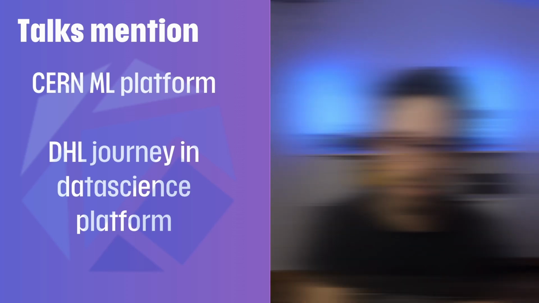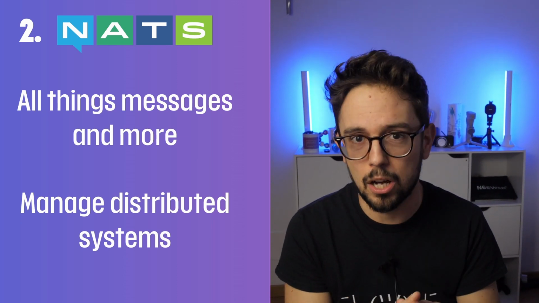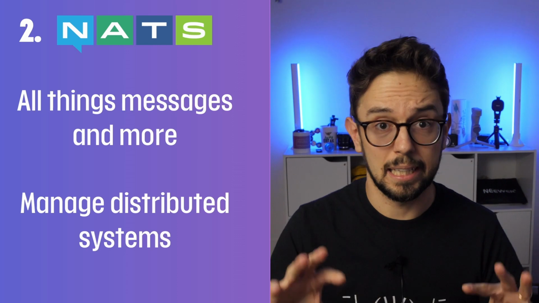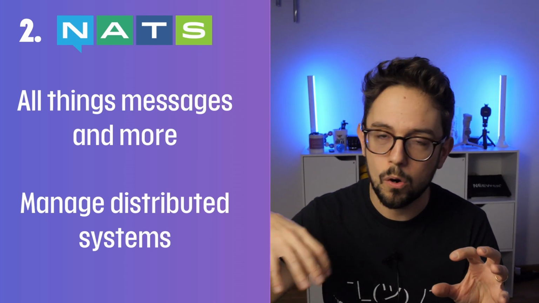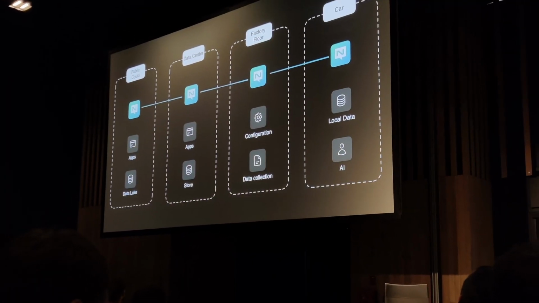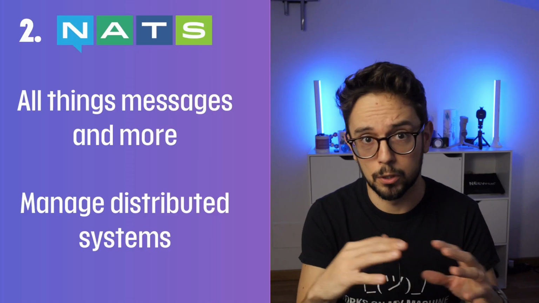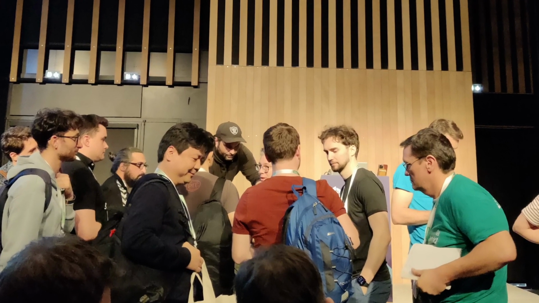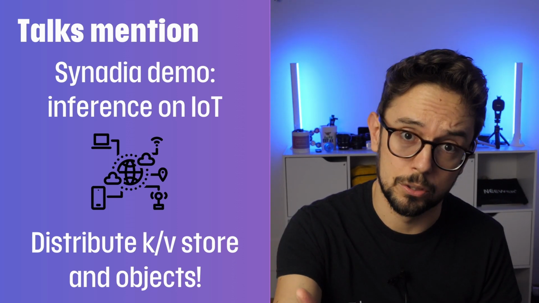Let's dive into the second one. The second one is NATS. You can consider it a message queue, but it's not just a message queue. In fact, you can rather consider it an enabling technology that allows you to manage and orchestrate distributed systems. We saw a wonderful demo, and to me it was the best demo I had seen in a while, and for sure at KubeCon. It was done by the Synadia people, and it was about running an inference system on an IoT device.